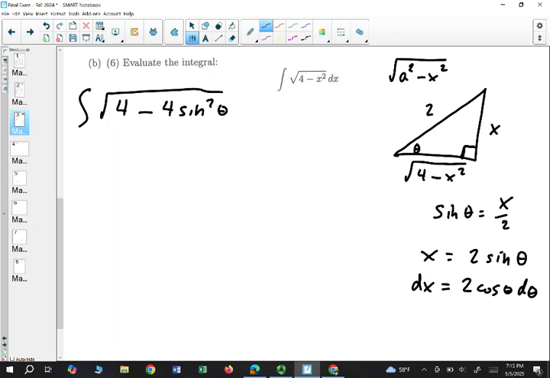They forget about dx, they just copy it down, but dx is right here, 2 cosine theta d theta. Some people just totally forget about it. And that's probably one of the number one mistakes. Okay, so don't forget to put that in. So we have times 2 cosine theta d theta.